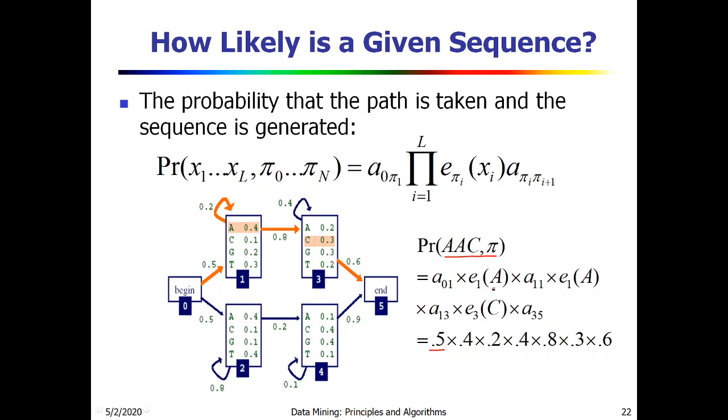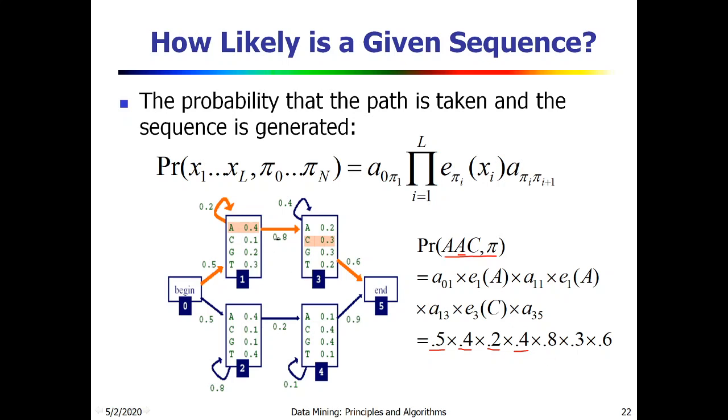The emission value of that particular state is 0.4. Now coming to the next one, we have the next symbol as A again. So again we take the transition value as 0.2, and the emission 0.4, so 0.2 into 0.4.